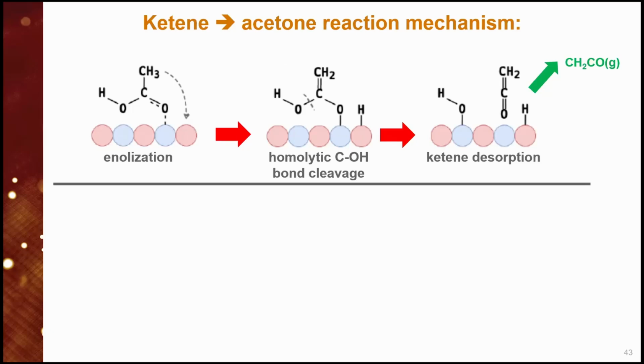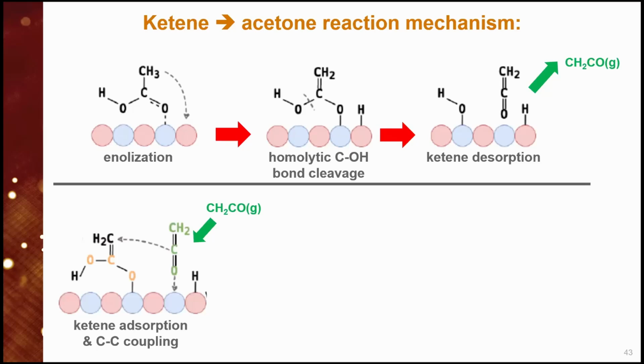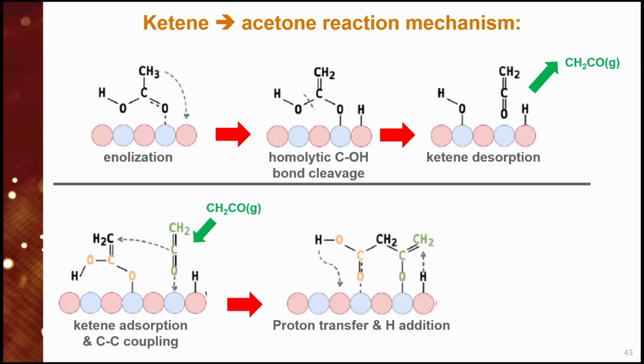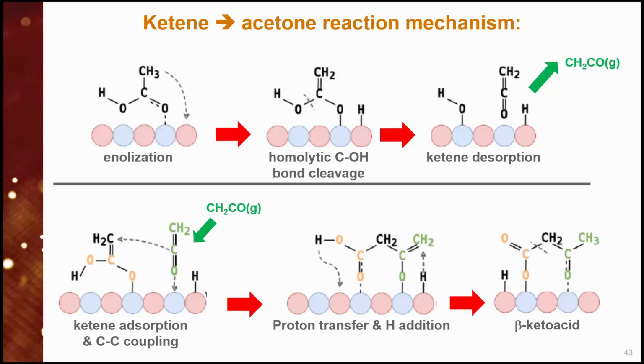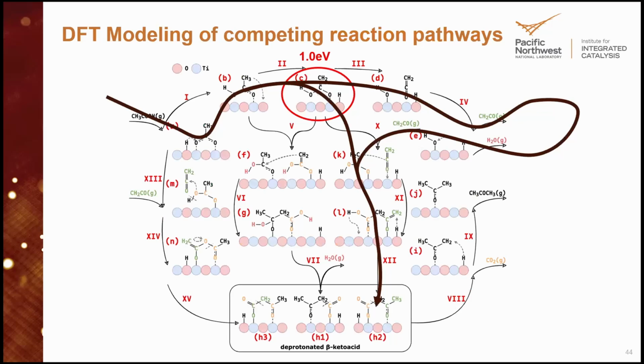The kinetics would favor ketene desorption into the gas phase, which is what we see. I mean, we see a lot of it coming off. And then the idea is it comes in on the gas phase, it can react with another species on the surface, and you do the carbon-carbon coupling reaction, then there's a proton transfer, a hydrogen addition, and you get to this beta-ketoacid. All right, so that was all on this thing here.